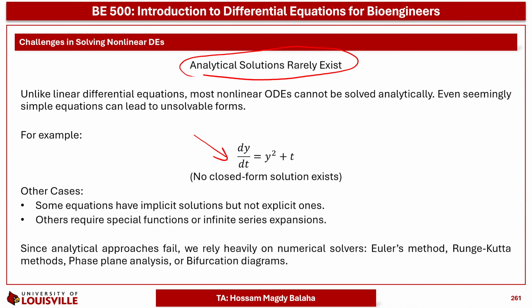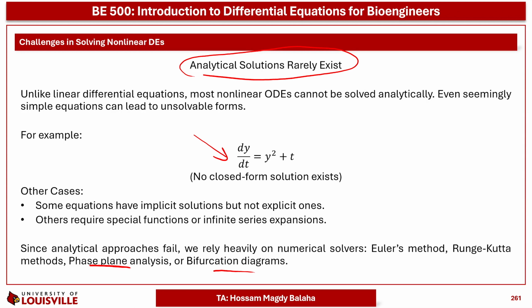Although we cannot use formulas and pen and paper to solve the equations, we can use something else. One of those is called numerical solvers, such as Euler methods and RK4. Also, we can use simulation and qualitative analysis. Two common techniques for qualitative analysis are phase plane analysis, which is especially used for 2D analysis, and bifurcation diagrams.